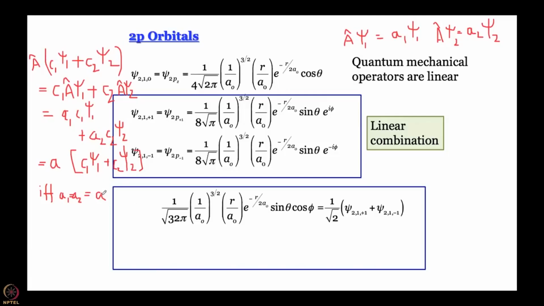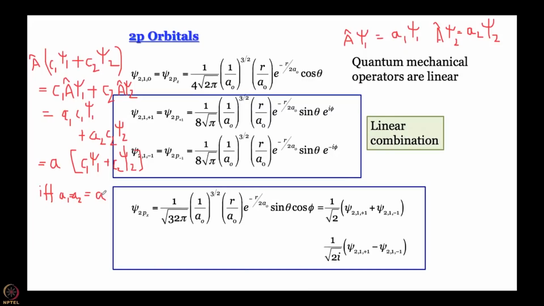Moreover, do you remember where sin theta cos phi arises? See, z is equal to r cos theta. What is x? x is equal to r sin theta cos phi, is not it. So, the sin theta cos phi is a function which lies along x, has the same symmetry as x. So, this is your familiar 2px orbital.